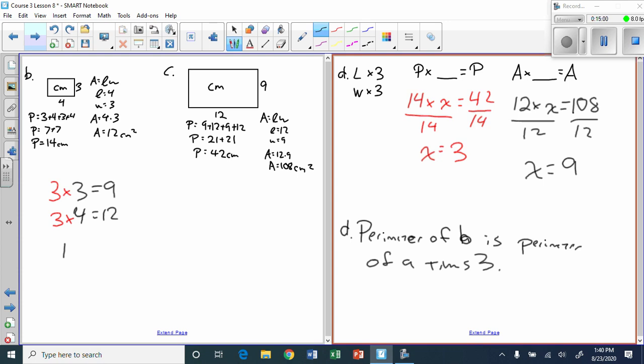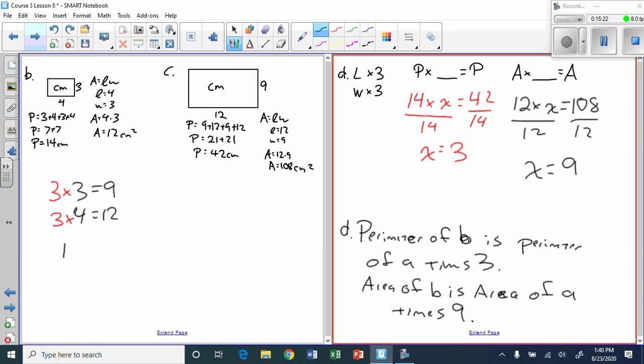So as we look at this one, the area of B is the area of A times 9. That would be a good answer when we're asked to analyze those.